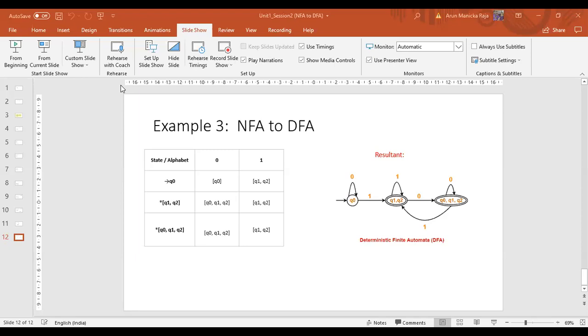For epsilon, we have three conversion problems. One is NFA to DFA, which we have already discussed. Another is epsilon NFA to without epsilon, and another is epsilon NFA to DFA directly.